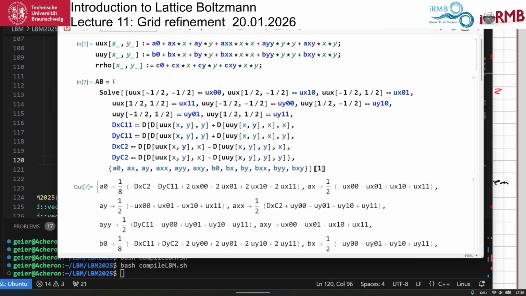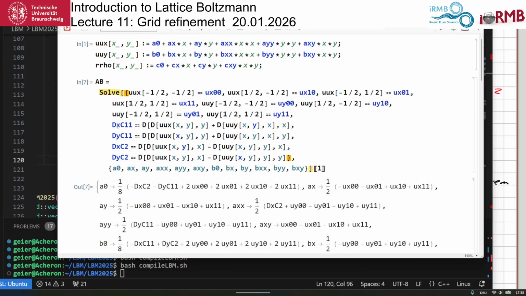So now we can do this for all the velocities, and then here I write that there is the derivative of the ux velocity and the uy velocity by x, and this is coming from the cumulant C11, when we take the derivative.